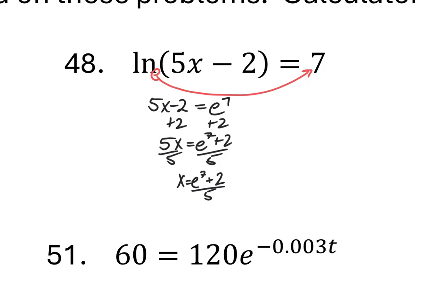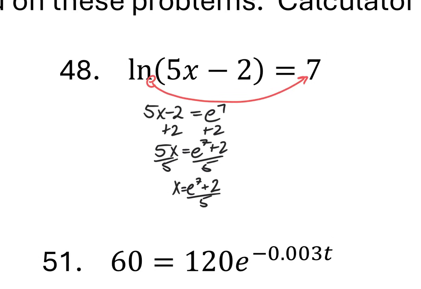My approximate answer, put it in the calculator. We go e to the 7th plus 2. In your calculator, if it goes like this, e and opens parentheses, you need to type in your 7 and close the parentheses.